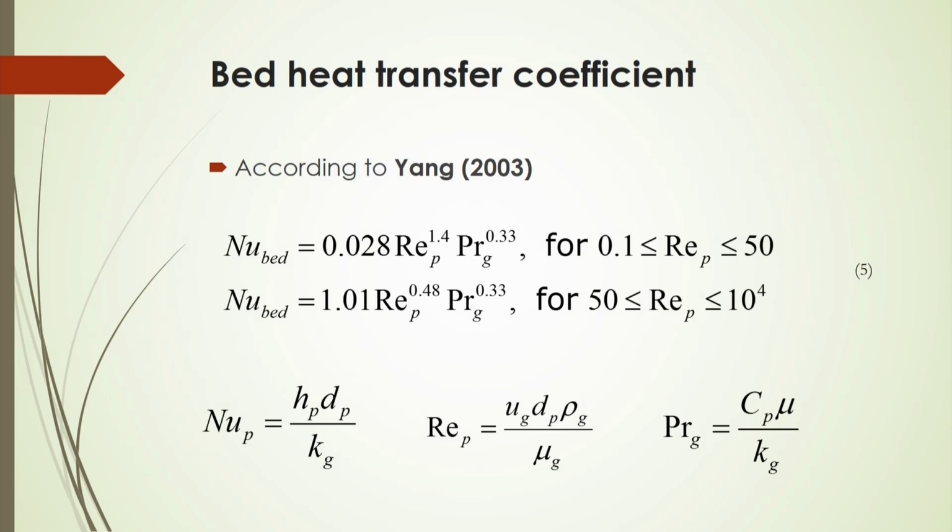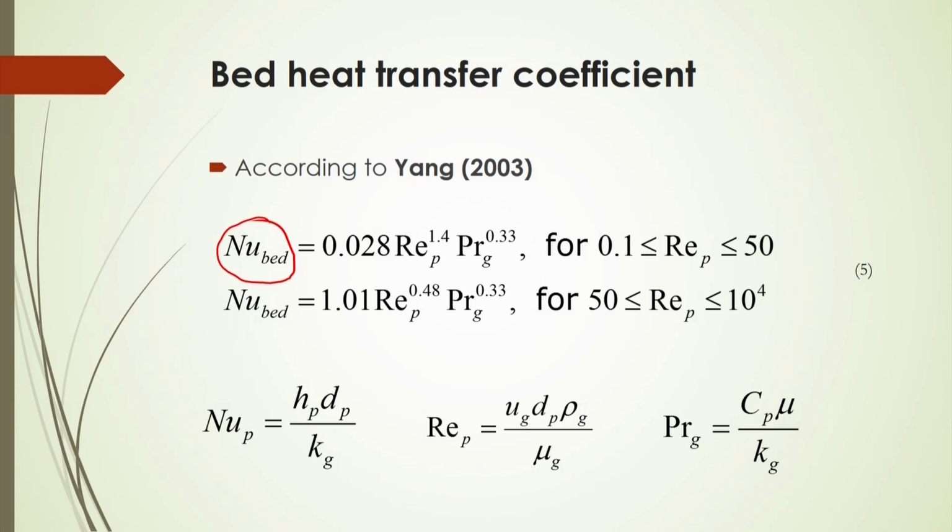They expressed the Nusselt number of the bed as equal to 0.028 into Reynolds number of the particle to the power 1.4 into Prandtl number of the gas to the power 0.33, and this correlation is applicable only for Reynolds number of particles from 0.1 to 50.